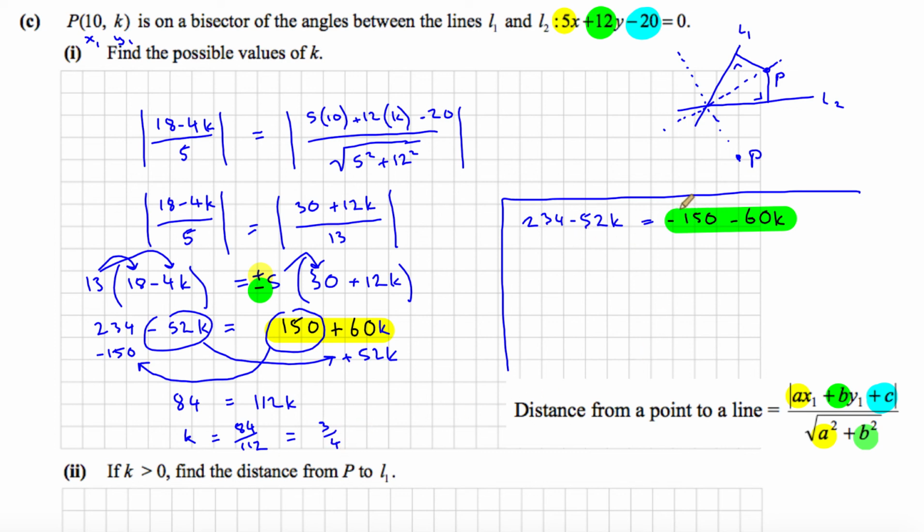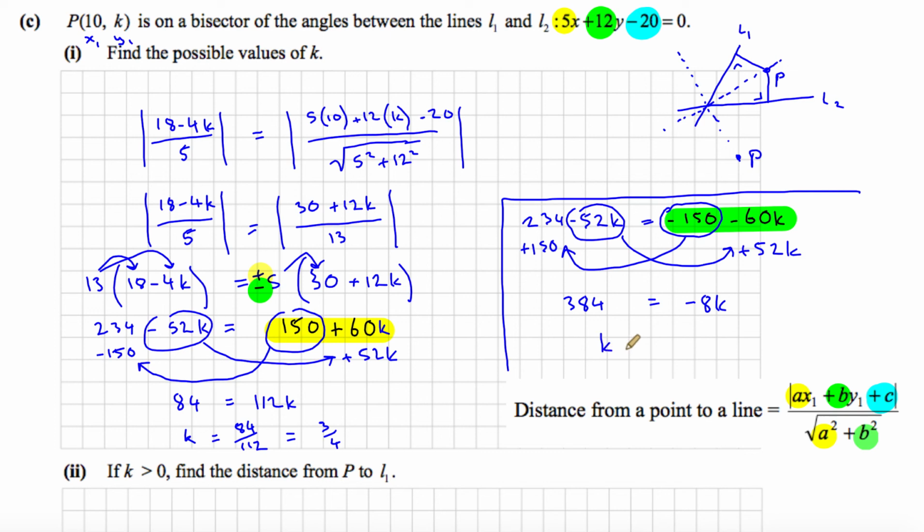And the other one would be found from this equation. Bring minus 150 over, becomes positive. Bring this negative 52k over here, it becomes positive. So this time we've got 234 plus 150, which is going to give us 384. And that's going to be equal to minus 60k plus 52k, which is minus 8k.